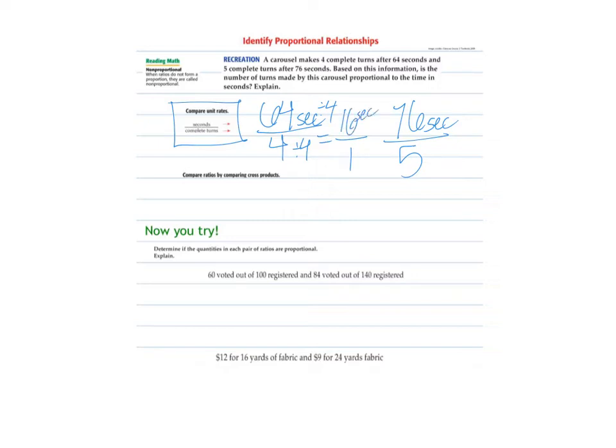So I have 16 seconds, that's my unit rate for this one. And 5 divided by 5 we know is 1, and 76 divided by 5 is 15.2. Yes, I use the calculator.